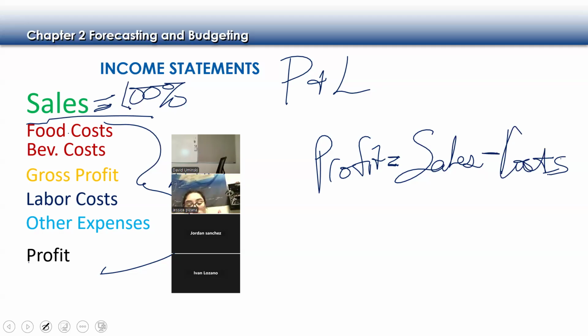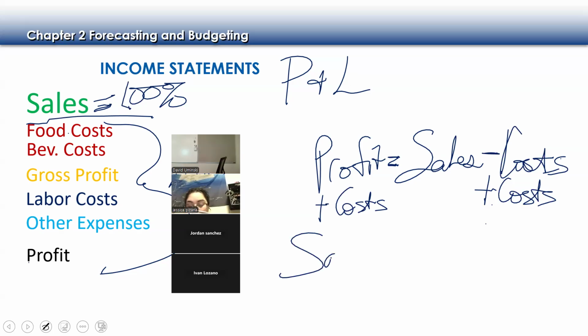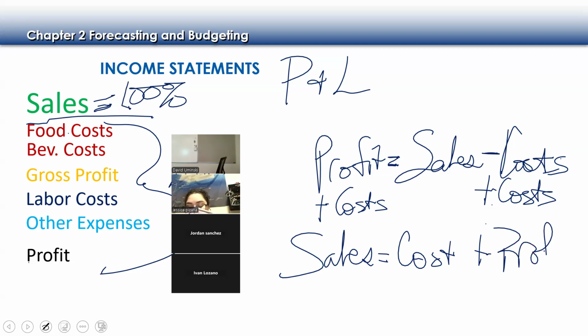We have to add cost, the opposite, and we have to add it on both sides. So if we were to rewrite this formula, sales is equal to costs plus profit. And that's what we have over here. Our costs and our profit also have to equal the sales number. So that's why I say this is 100% and this is also 100%.